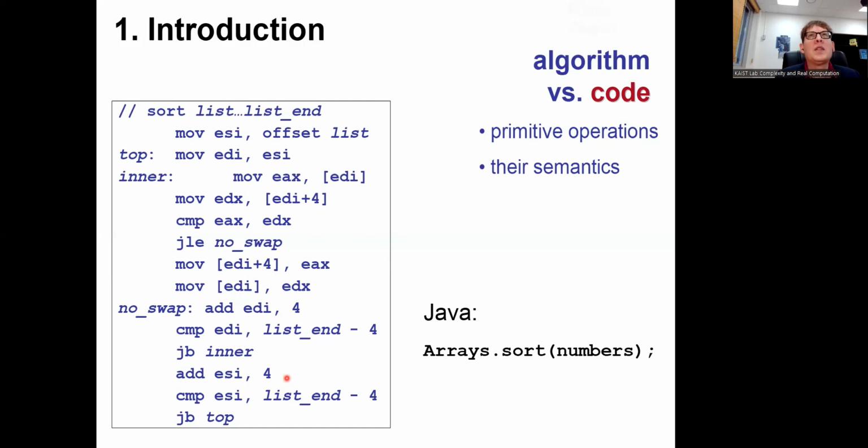So semantics, and which primitive operations are we allowed to use? Addition, or are we allowed to use sorting as a high-level method? And what is the cost of these operations? As I said, superficially, this call to the Java sorting method looks like one instruction, but its running time and memory consumption is not just one.